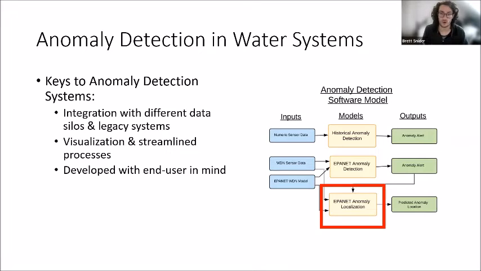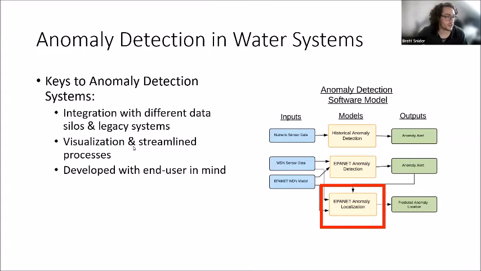So if you think about it, categorical data or text data could be converted into a numeric form. For example, we are currently working on integrating the number of tweets with regard to a possible water event to be analyzed by this methodology. And so if there's a large number of tweets regarding a certain area or a certain water system, then an anomaly is triggered and it is notified to the appropriate staff.